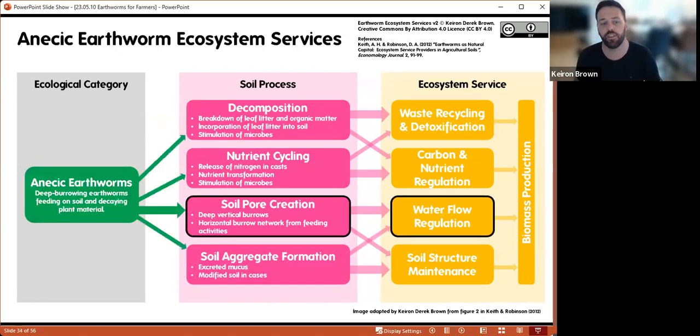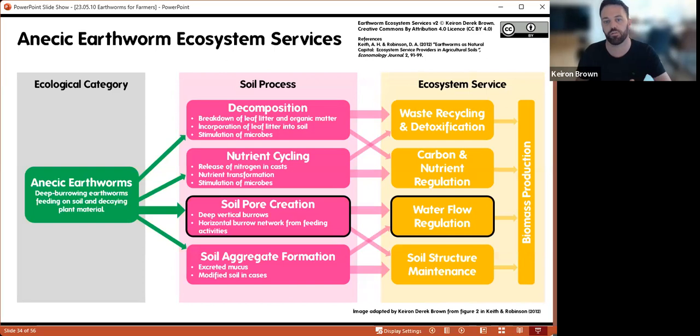If we then look at the anecic earthworms, they contribute to all four of the soil processes that we've talked about, but in particular, they're having a big impact on soil pore creation. And the ecosystem service that is really contributing to is water flow regulation, as well as aeration of the soil.